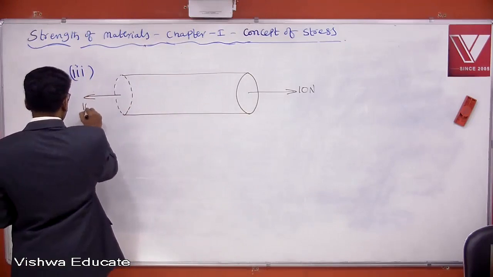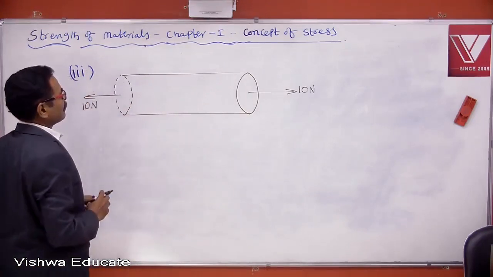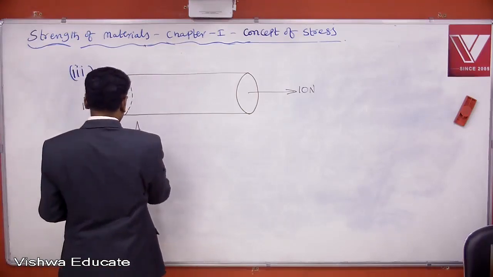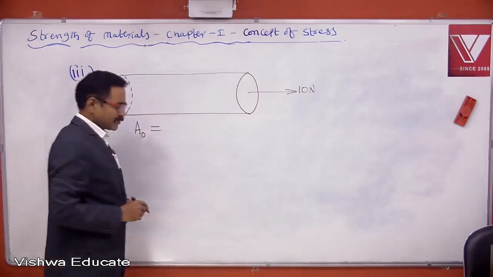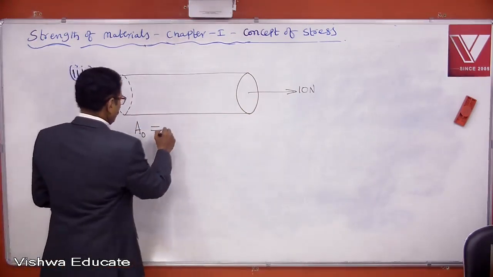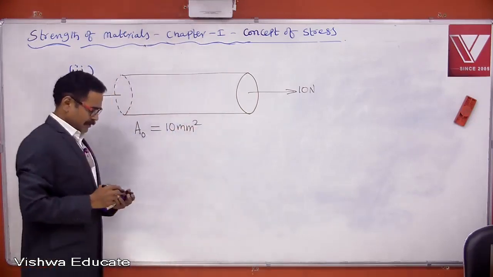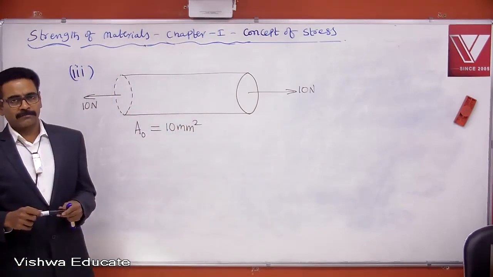That means this bar will definitely be in equilibrium. The original cross-sectional area, I may refer to this as A naught. A naught means original cross-sectional area. This is 10 millimeter square.